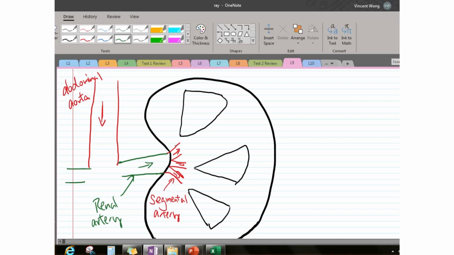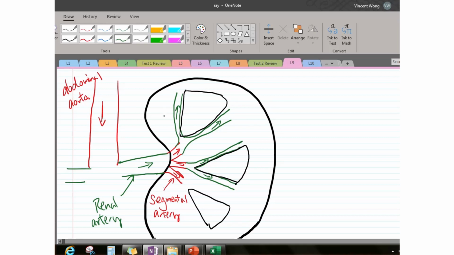The segmental artery will now branch again, and it will become these blood vessels that go along the edge, the side of each pyramid. There's one, there's another one, and they just go up like that. Same thing here, I'm not going to draw it.